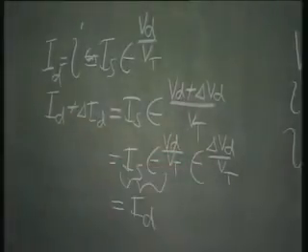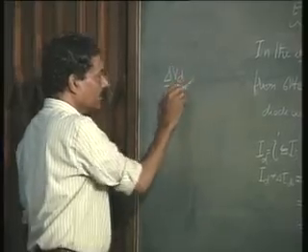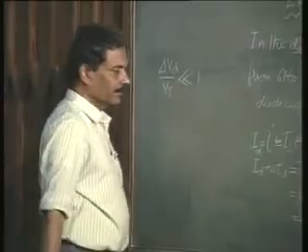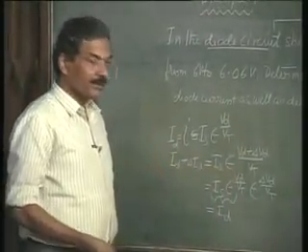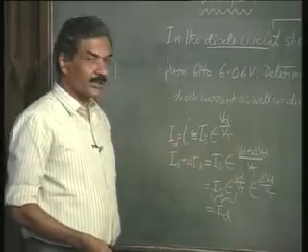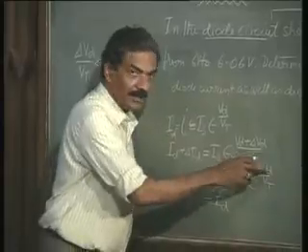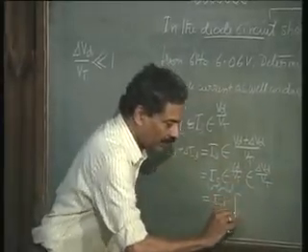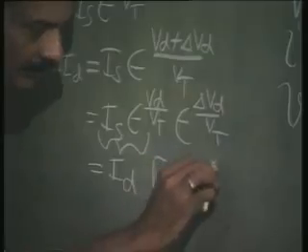That means assuming that delta Vd by Vt is much less than 1, we can expand this. We had done this in our earlier situation of exponential fall off of voltage across a capacitor also. E to power x is approximated as 1 plus x.